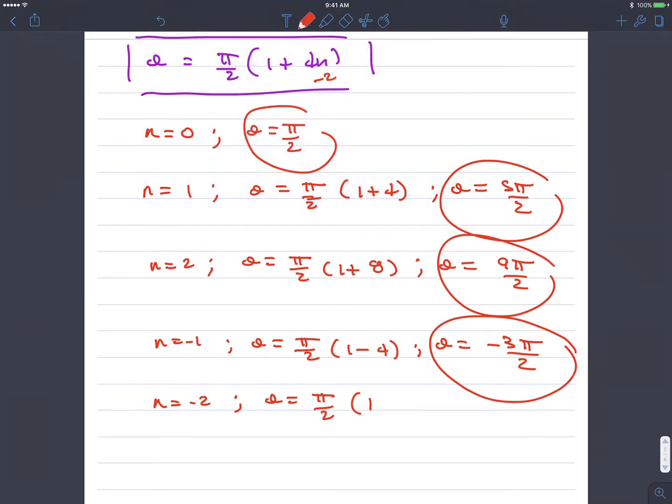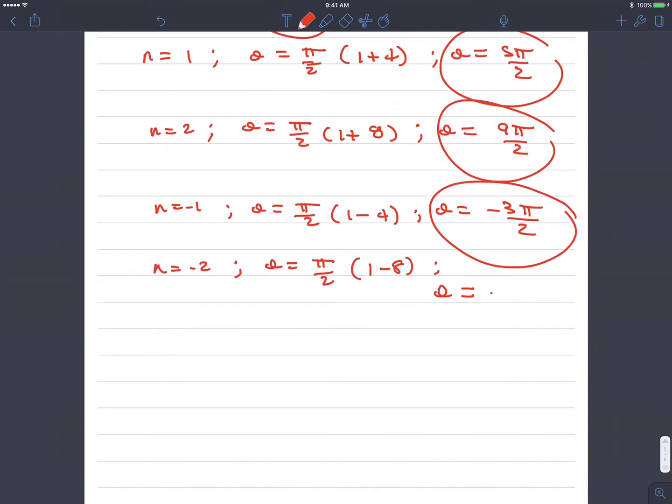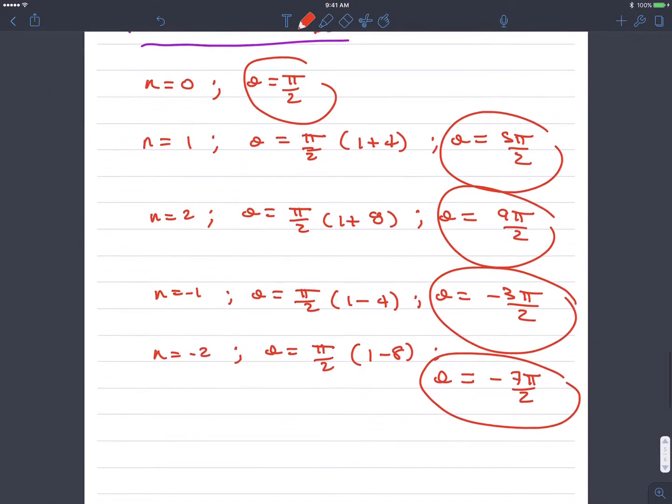What's positive 4 times -2? -8. So my angle is going to be now negative 7 pi over 2. And there you go. So here's how we can start to use the formula here, where n is various integer values, and we're generating these solutions.